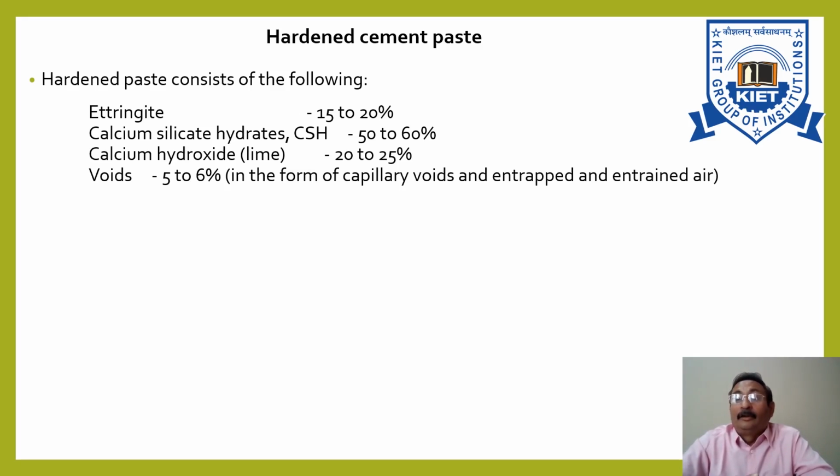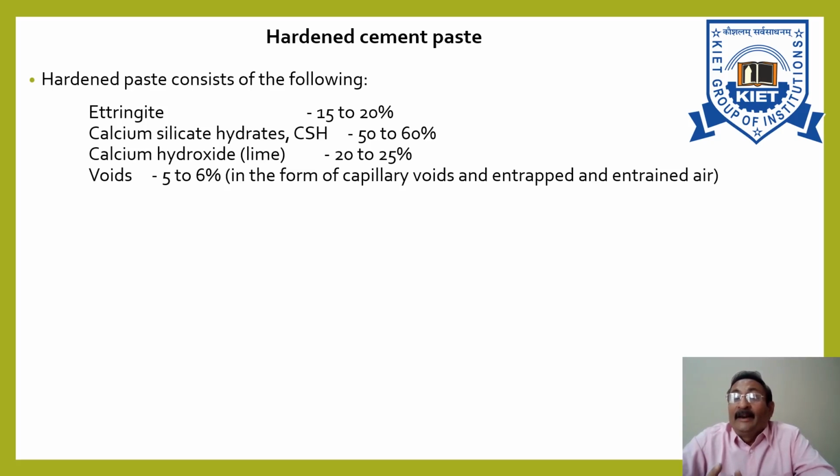Therefore, the total quantity of water required is 23% plus 15%, that is 38%. Now, 38% water by weight of cement is required for complete chemical reaction.